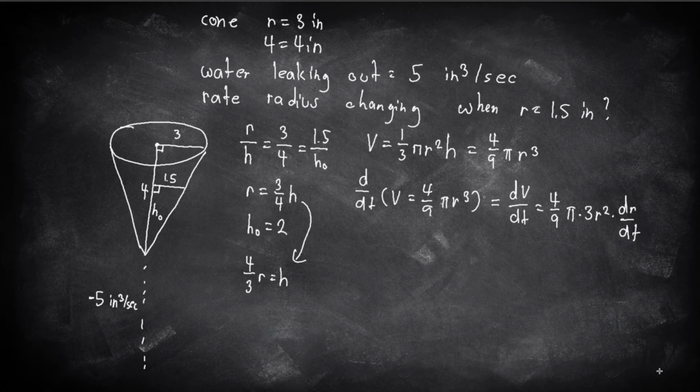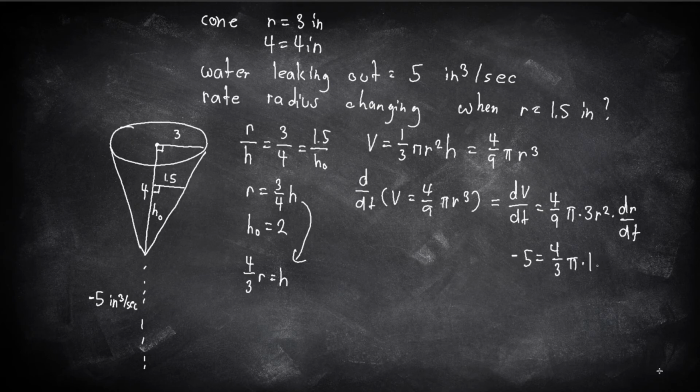So dV/dt, we already know what this is. This is the water changing in the cone, which is -5 because it's leaking out. And then we have 4/9 times 3, which is just 4/3, and then we still have our pi, and then our radius squared. The radius at that point was 1.5, times 1.5.